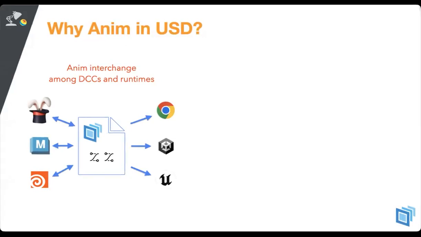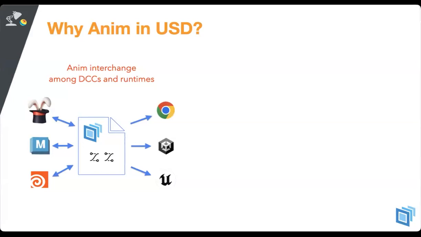The case that really got us started at Pixar was animation interchange among DCCs, programs like Maya and Houdini and Presto, where artists want to have their choice of DCC for the task at hand. They want to freely move among multiple DCCs.